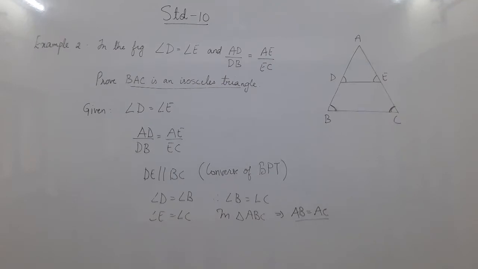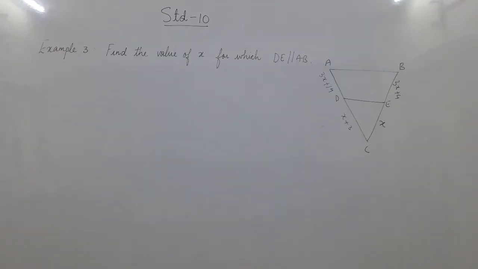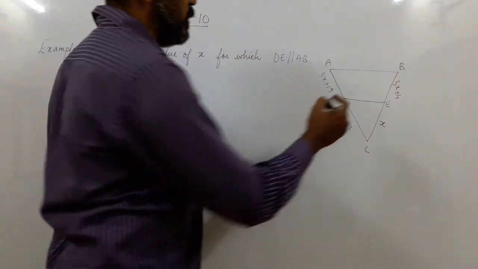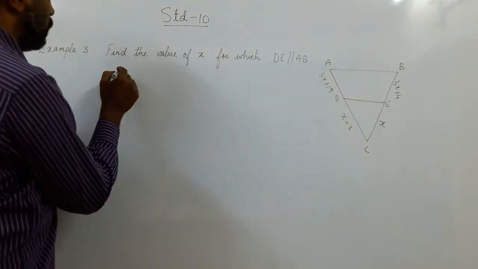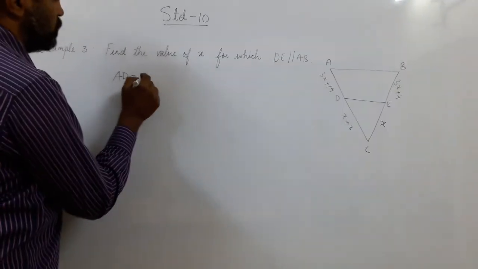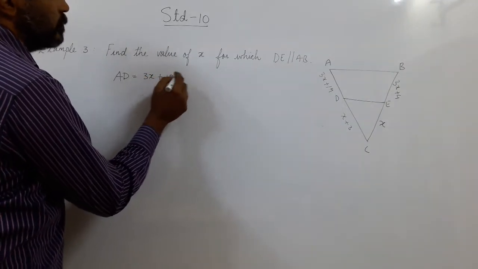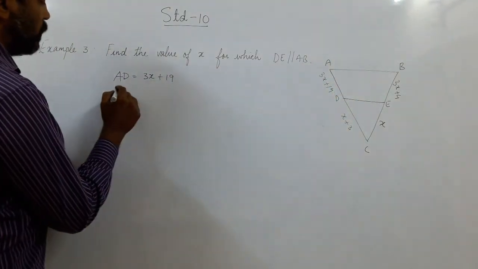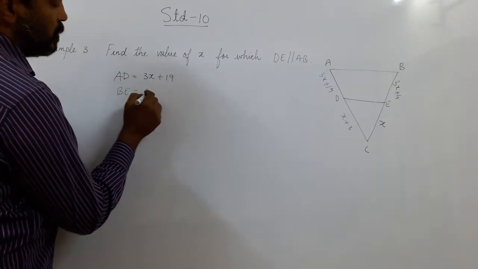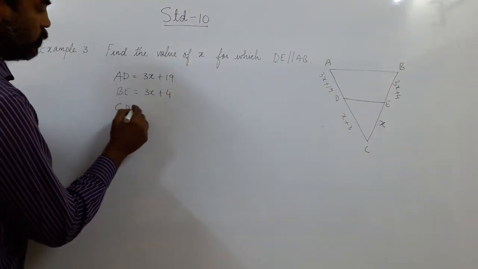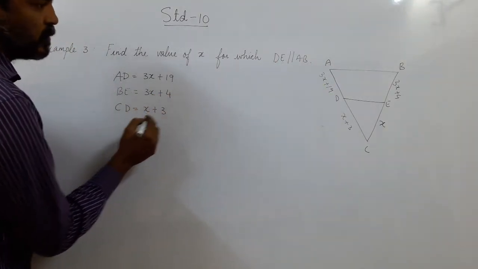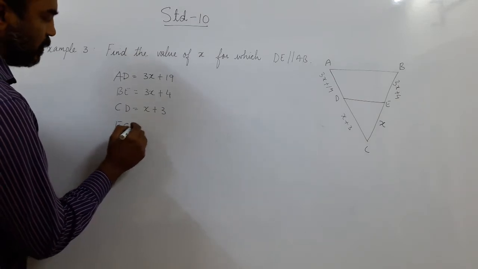This is quite a simple sum. Find the value of x for which DE is parallel to AB. Let me write AD equal to 3x plus 19, BE equal to 3x plus 4, CD equal to x plus 3 and EC equal to x.